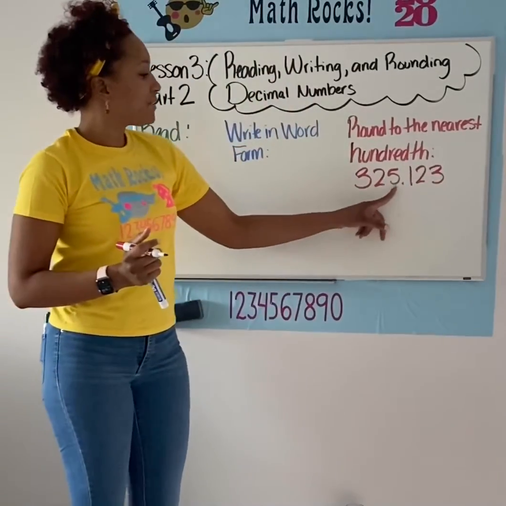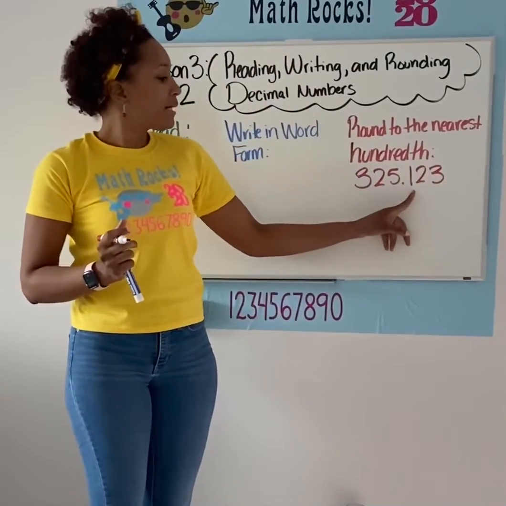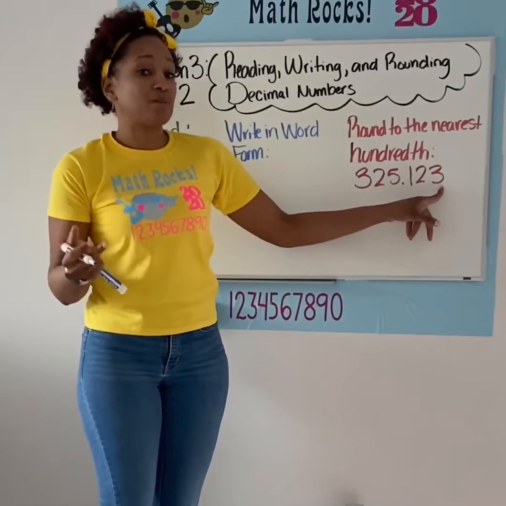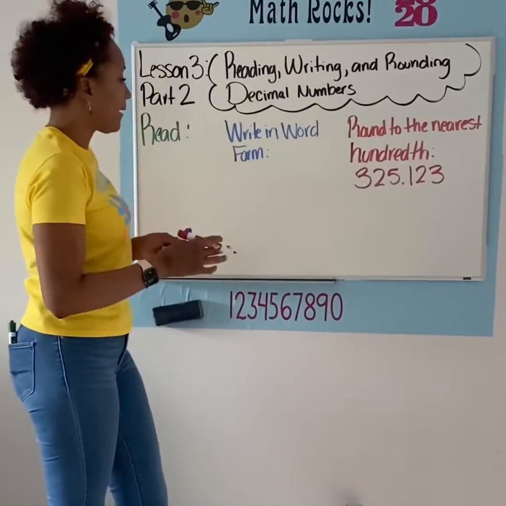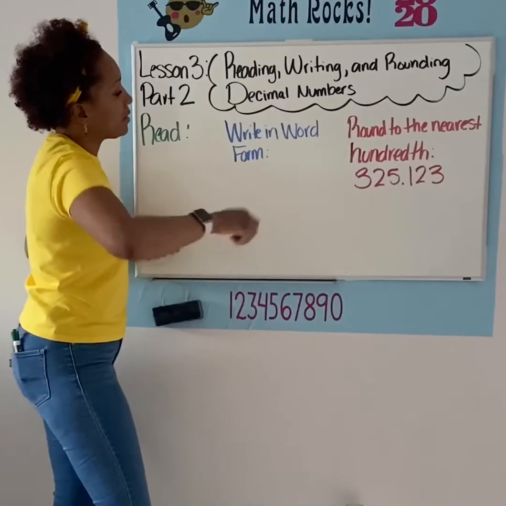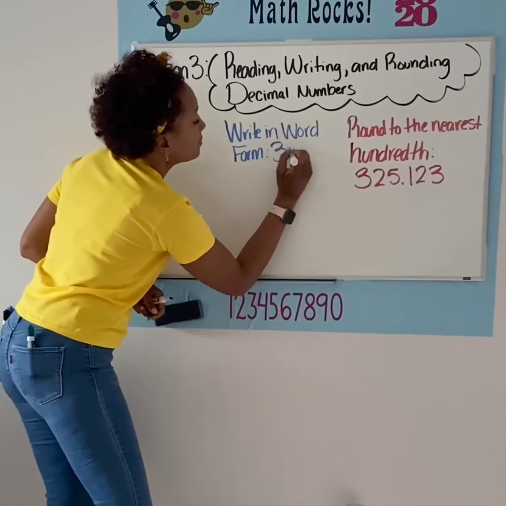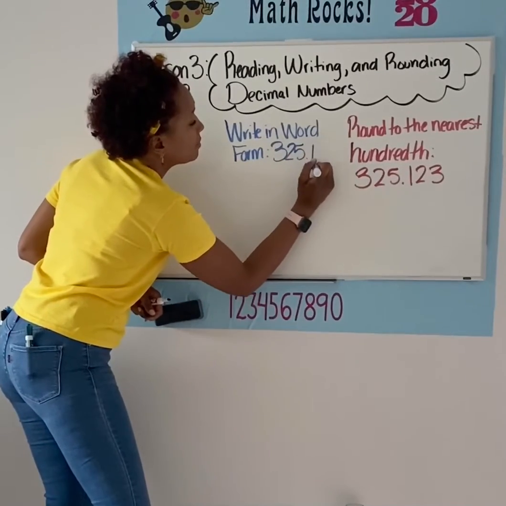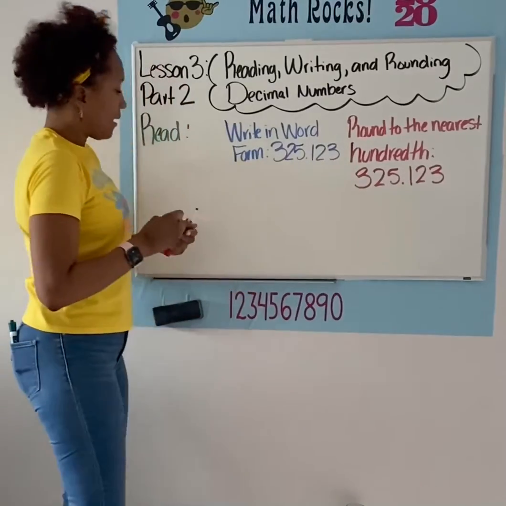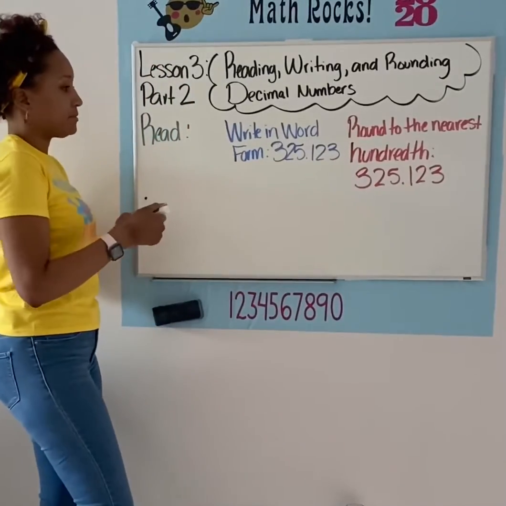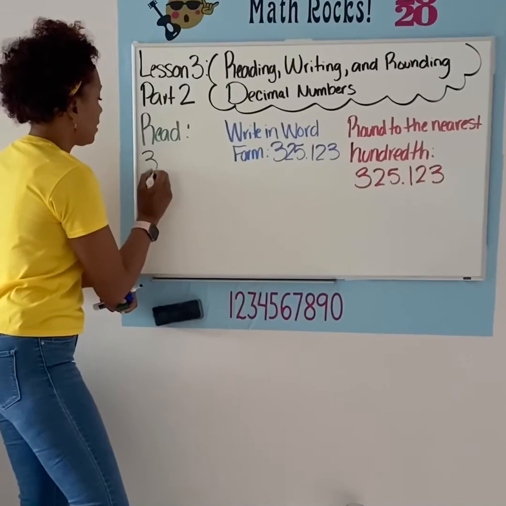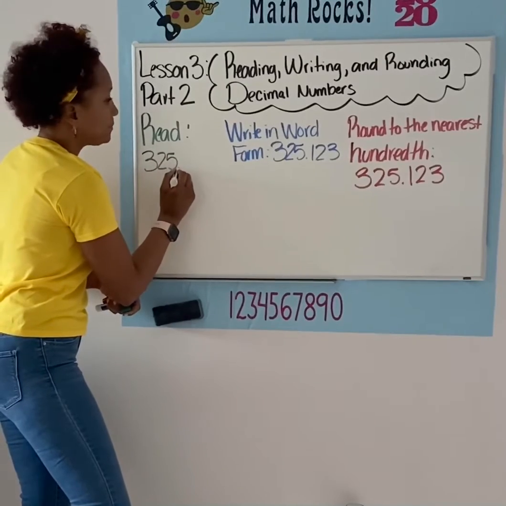So 325 and 123 thousandths. Okay? And then we're gonna rewrite that number here, and then we're gonna rewrite it over here so that we can read it as well. Don't want to leave anything out.